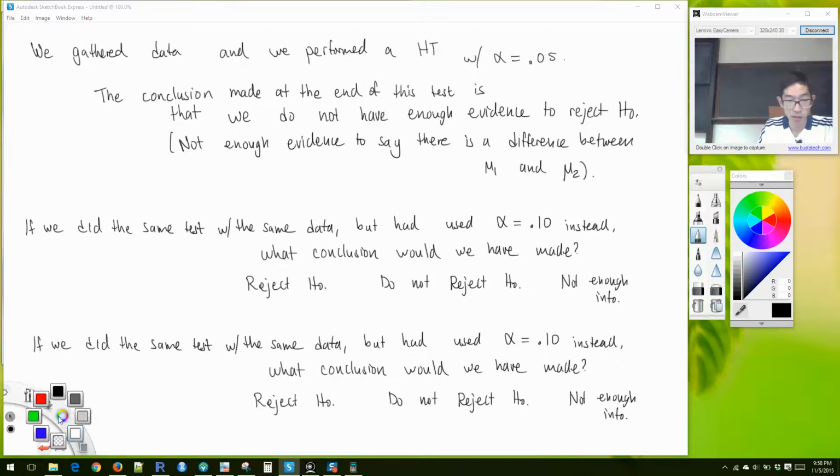So the only thing different here is that alpha is 0.01. Okay, so exact same question. Can you answer either of these?